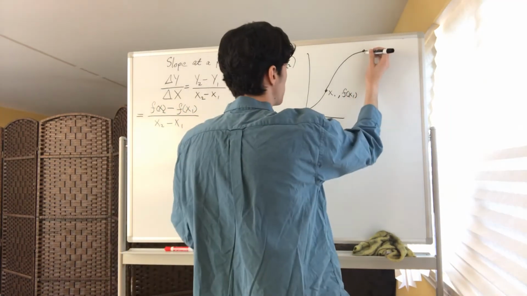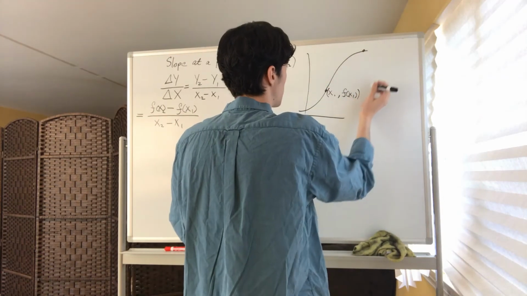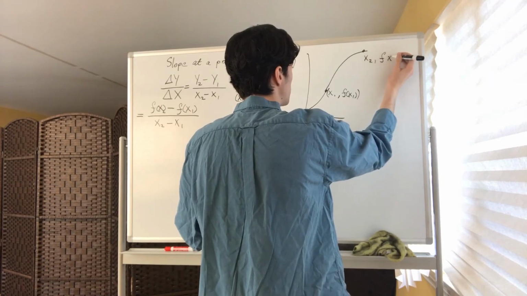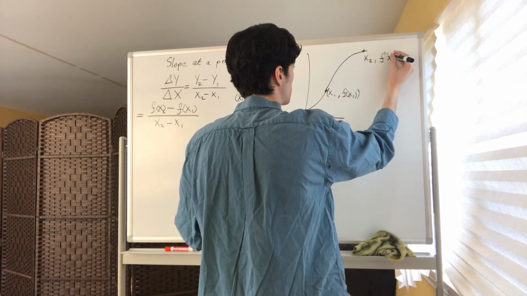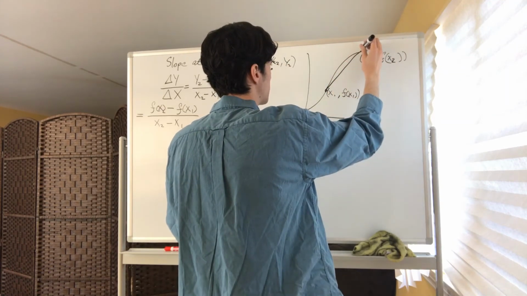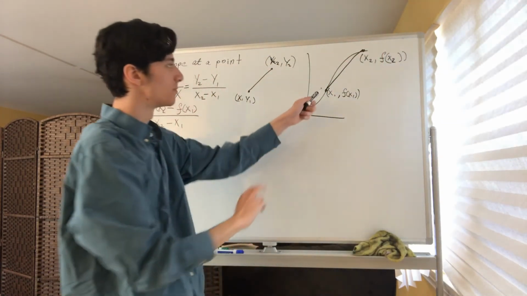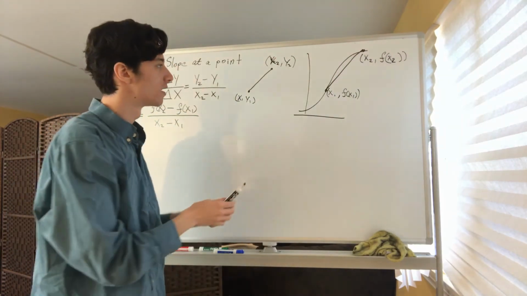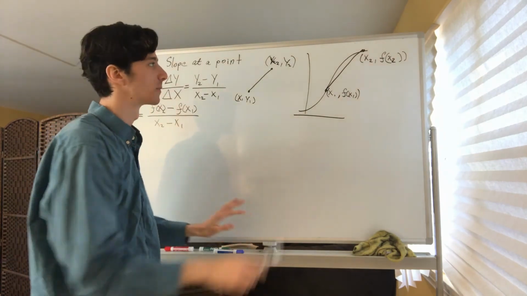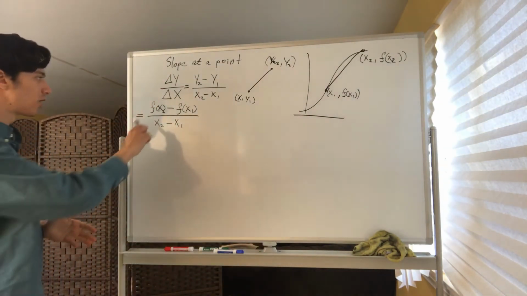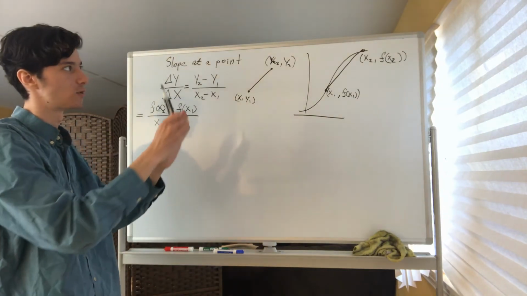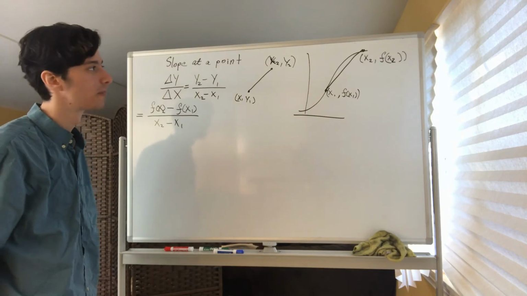And we also have an x2, with the y-coordinate being f of x2. And the slope is the line that goes between these 2 points. So I just drew a straight line, disregarding the rest of the function, because that's all that this slope equation can do: take 2 points and find the direct line between them.